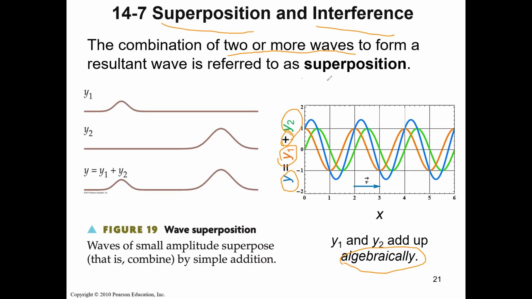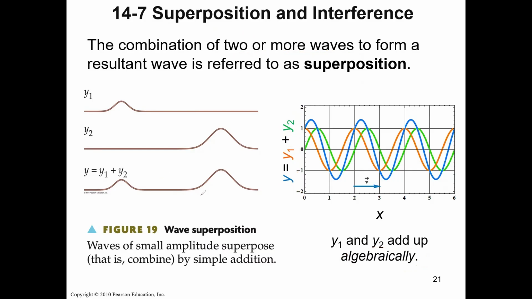And this property is called superposition. Okay, so we can have two waves at the same time, and what we actually see is a resultant wave. It's still a wave, but there is only one wave. Okay, it looks like there's one wave, but actually there are two waves in here, and they basically add up algebraically. Okay?